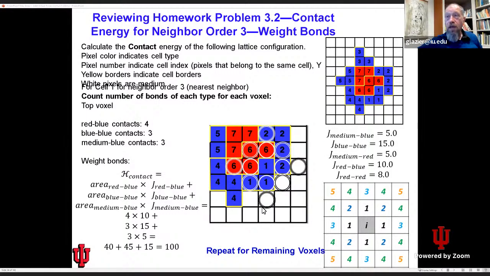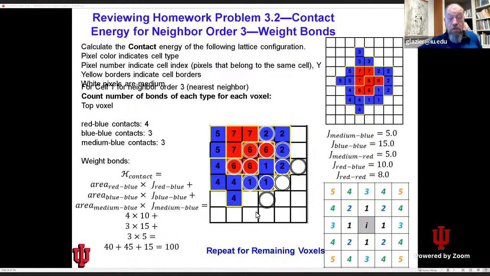Now I asked you what you thought about how this scaled, and people said, well, approximately with the distance. And it's not a terrible guess that the typical energy scales with the distance. But it's not anything simple. It depends on the cell shape. It depends on how big the cells are.